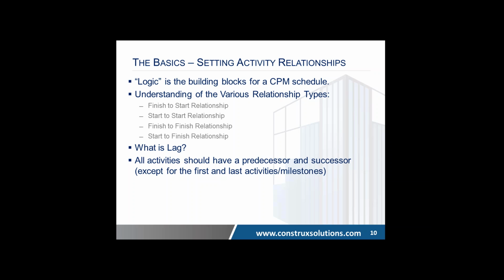So if I say, I don't know what's preceding this concrete work on level 1, but I do want it to start on a certain day, that's taking out what is, I guess, the most positive point of a CPM schedule, assigning this logic so it calculates for you when things should get done. If you're arbitrarily deciding that, you're not letting the schedule do its work. Now, it's not to say that there aren't circumstances where that's necessary, and I'll talk about them in a little bit, but ultimately the goal is to have as few activities without predecessors and successors, both of them, as possible.